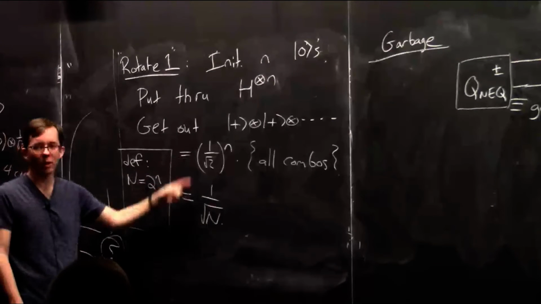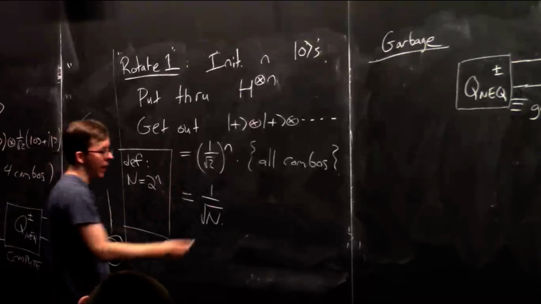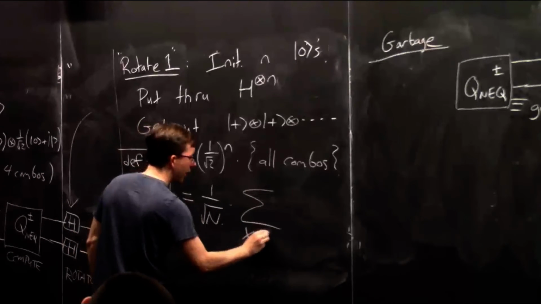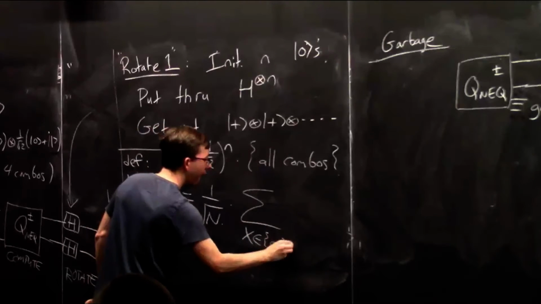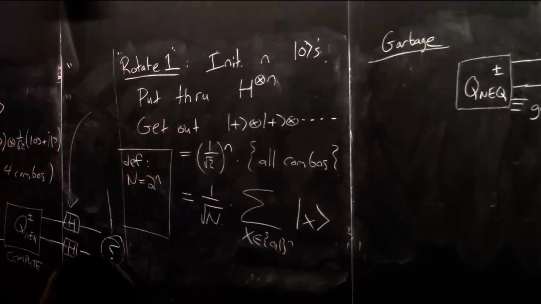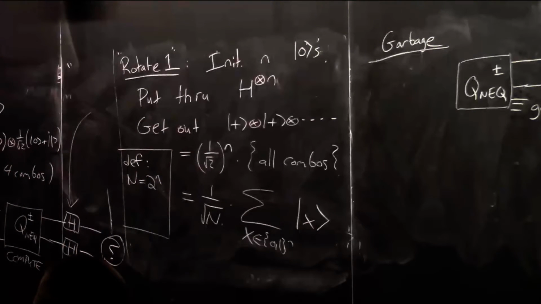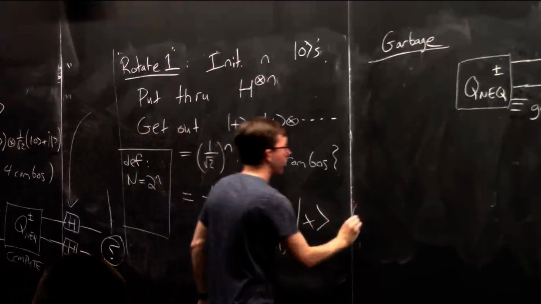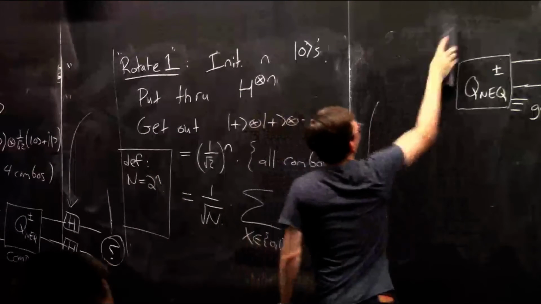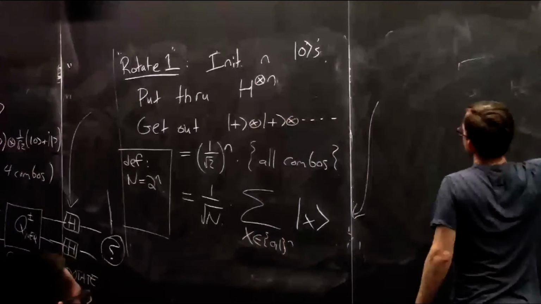Okay, so these are equal. And then I'll write this out in a very symbol-y way: sum over all strings x in {0,1}^n of ket x. Okay, and I'll write it in words, this is what's called the equal or uniform superposition state.